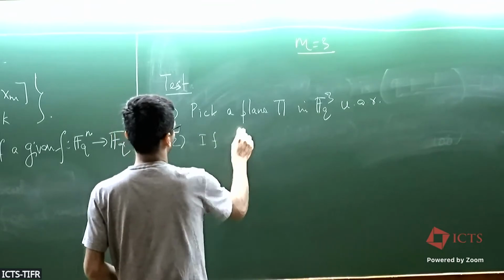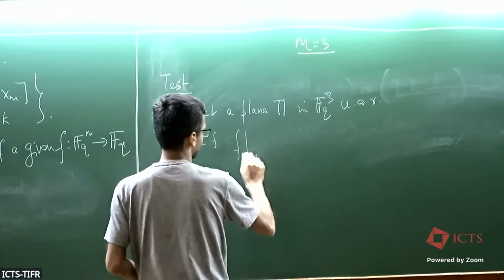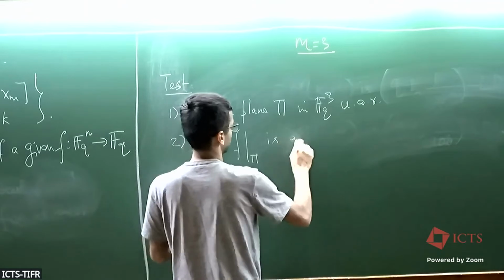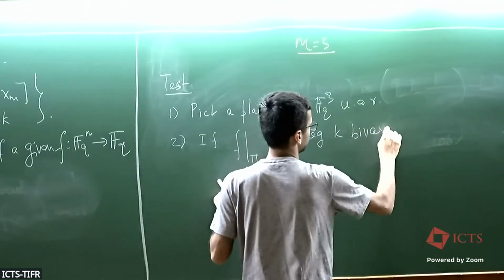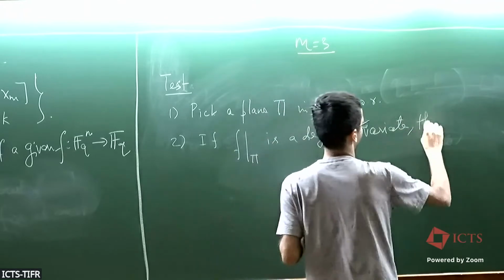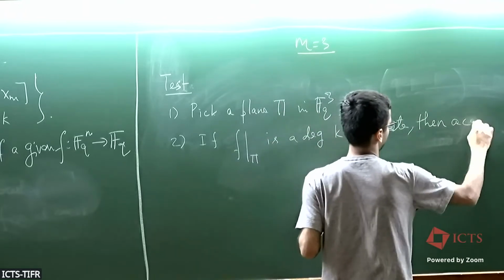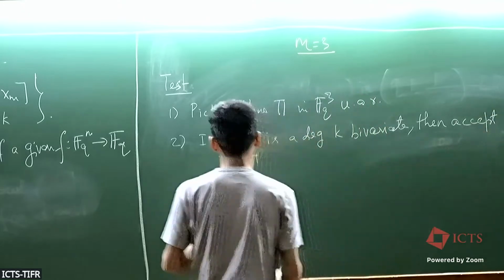If F restricted to pi is a degree k bivariate, then accept, else reject.